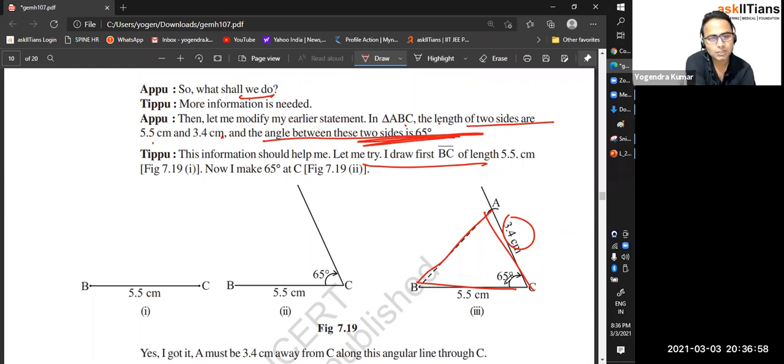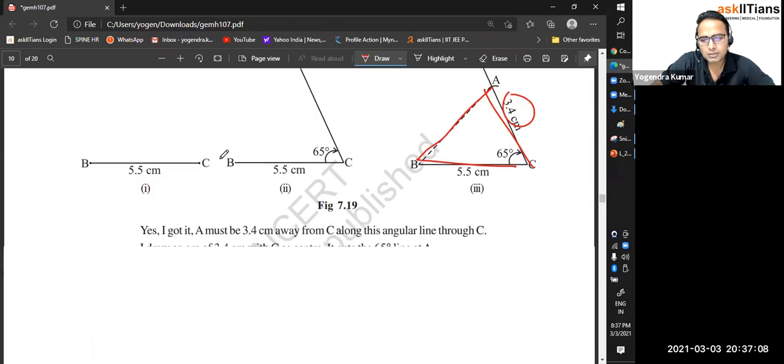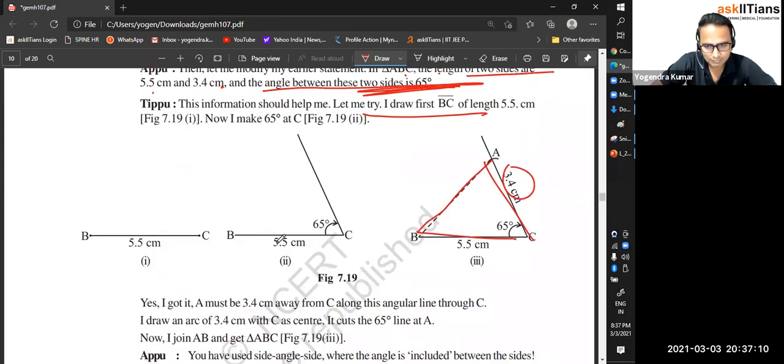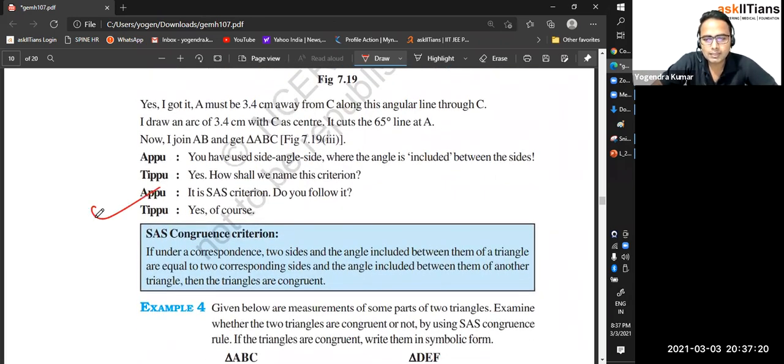This is also a congruency criterion, the minimum information which Tipu requires to make the exact copy of Appu's triangle. This congruence is called SAS, when two sides 5.5 and 3.5 and the angle between them are given, you can make the exact copy of another triangle. I hope you are getting it.